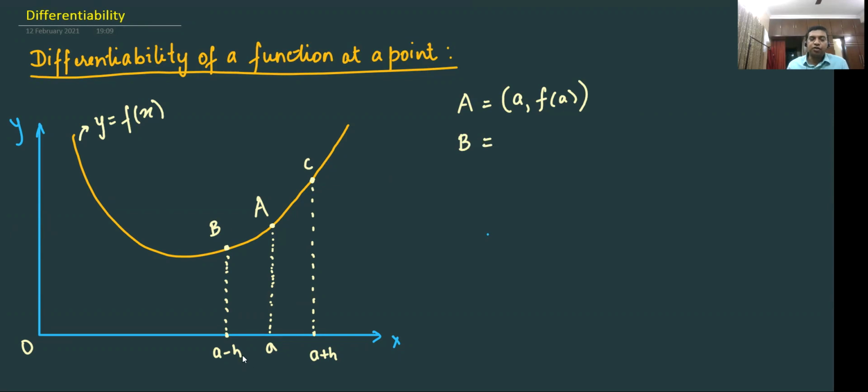Now h is a small quantity, so this is minus h, this is plus h. B is a minus h comma f of a minus h. C will be a plus h comma f of a plus h.